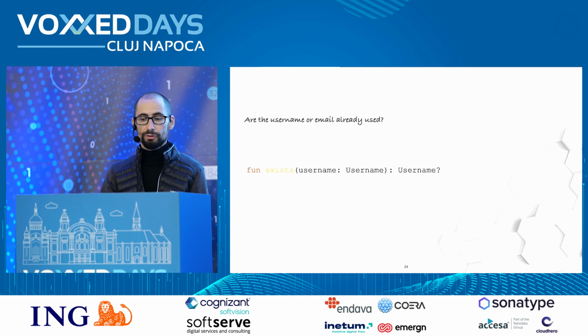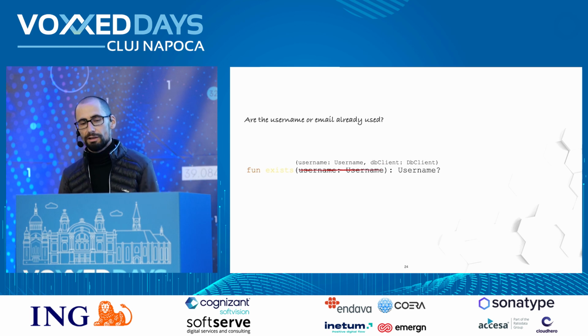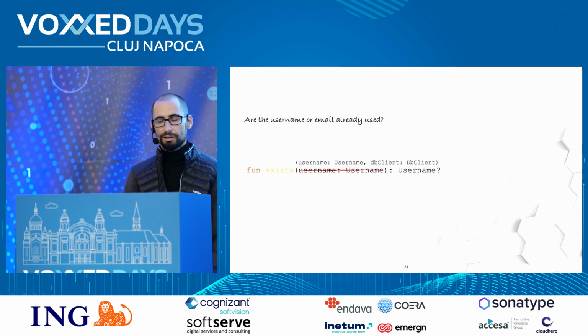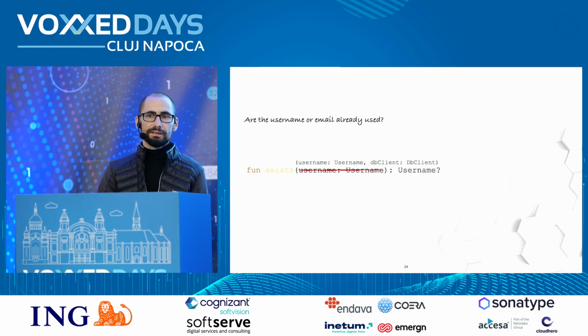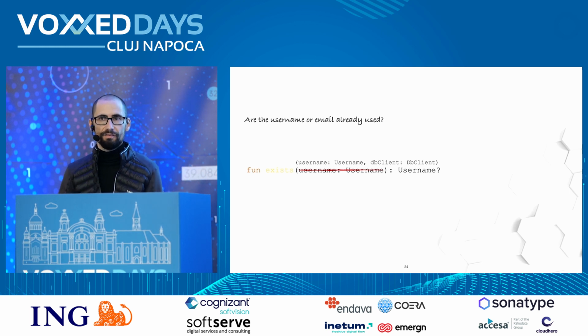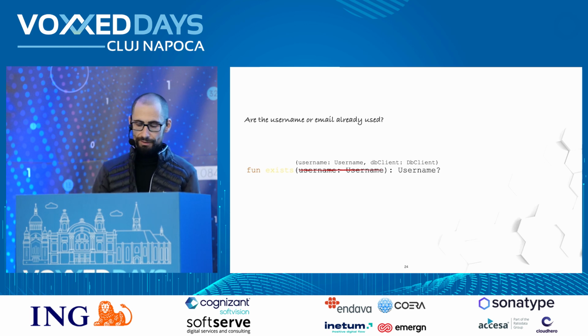However, the first problem we see here is that we are going to need some kind of database client to be able to connect to the database and execute those queries. And we can pass it as an argument, but that's not very nice because if I have to pass the database client to every function that goes to the database, it's going to look pretty strange.